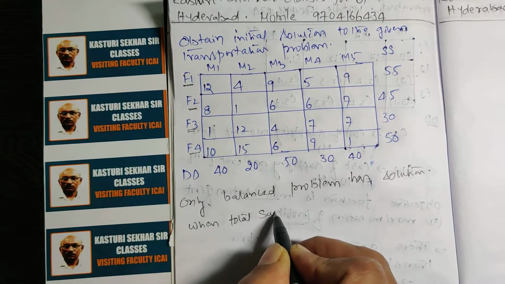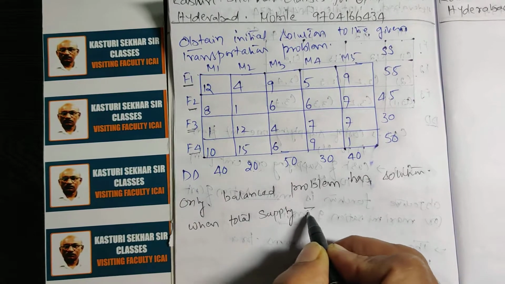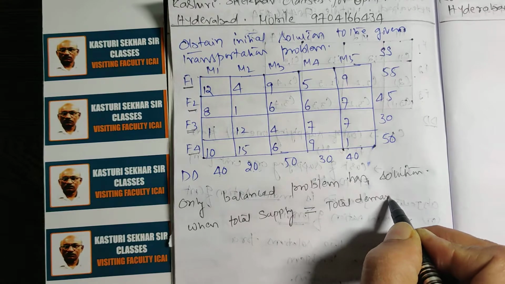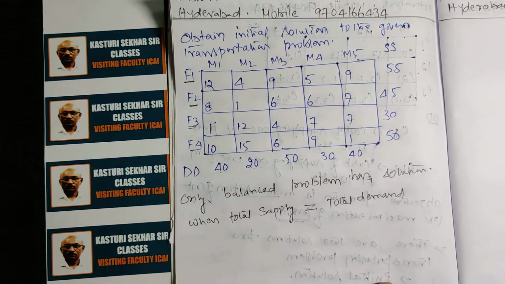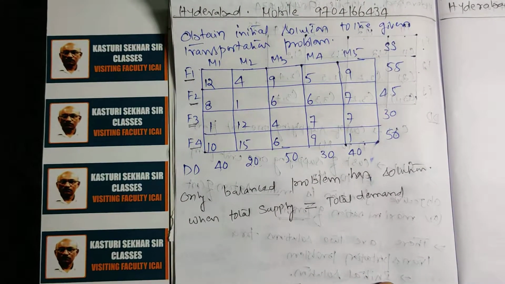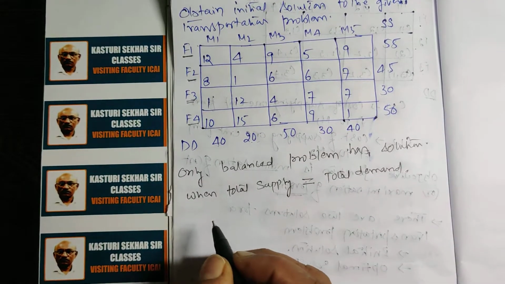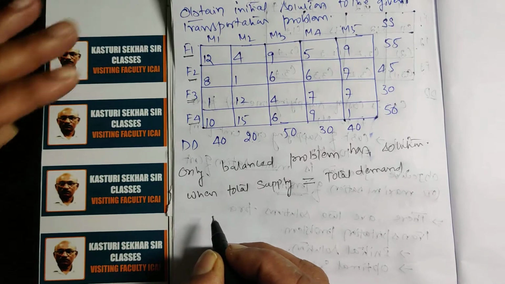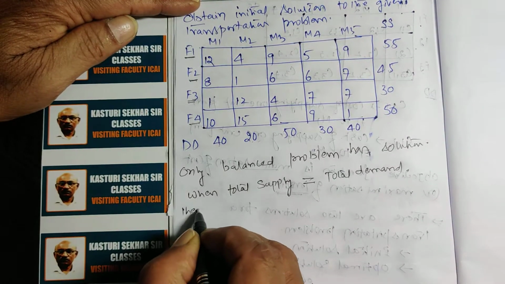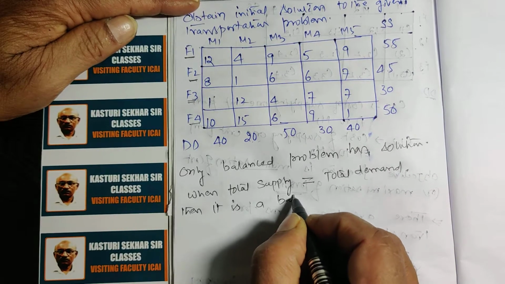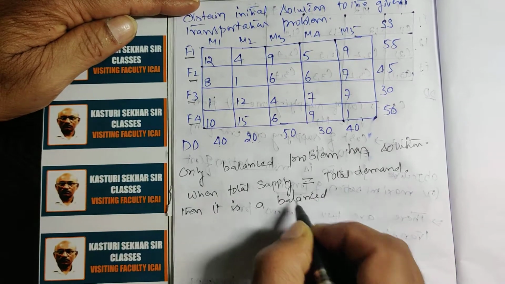When total supply is equal to total demand, then it is a balanced problem.